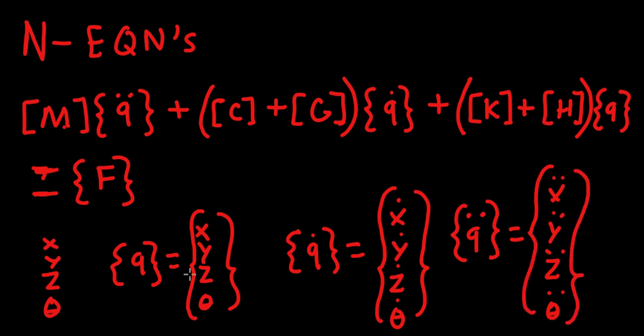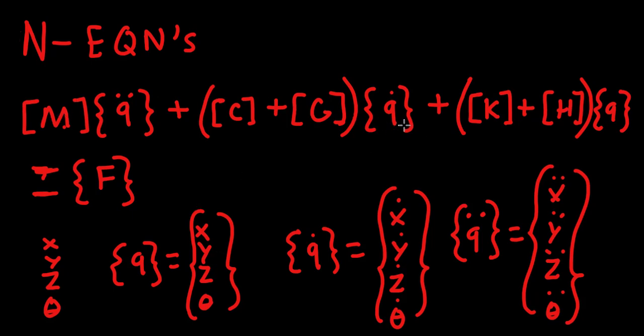So Q is really just a vector showing the functions that we're solving for. Q dot has those functions' derivatives with respect to time, and Q double dot has the second derivatives with respect to time. So that's what each of these means.